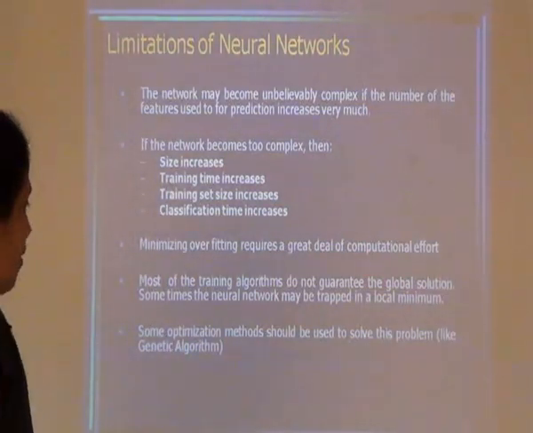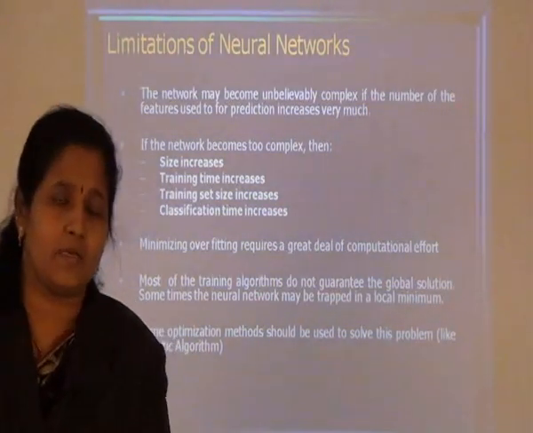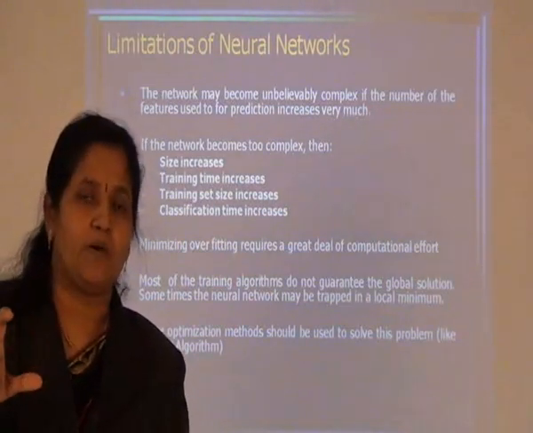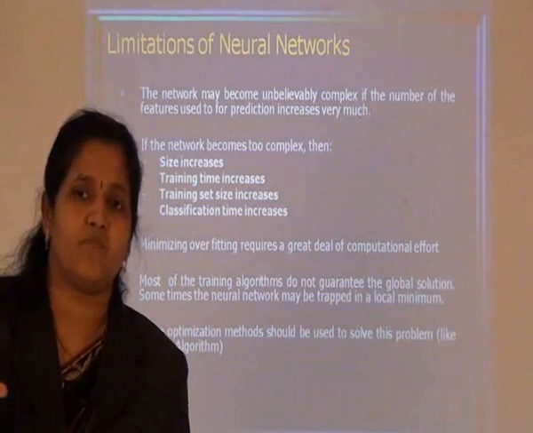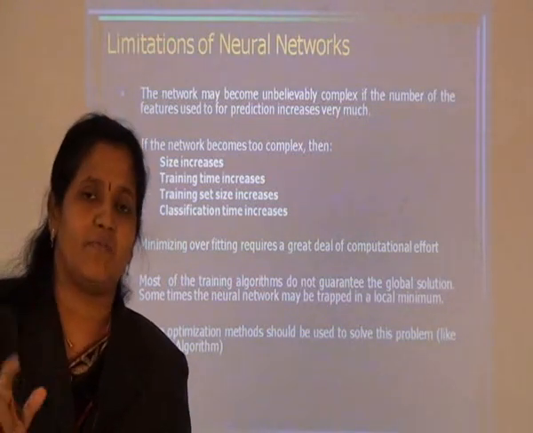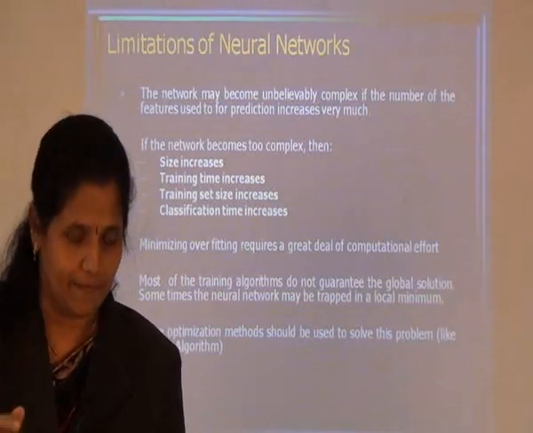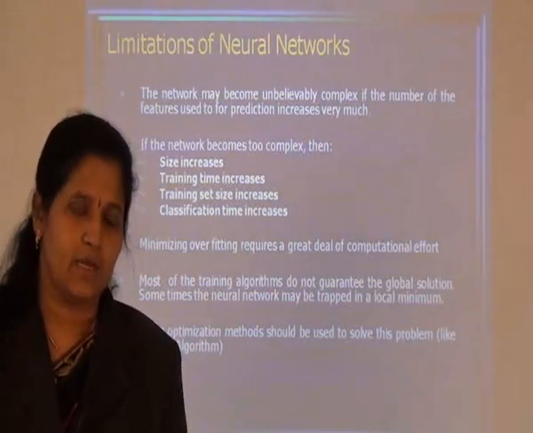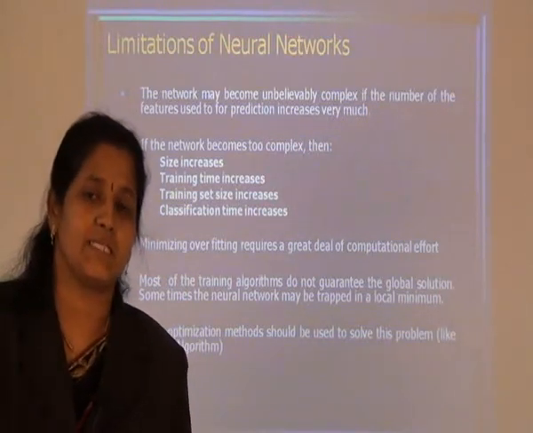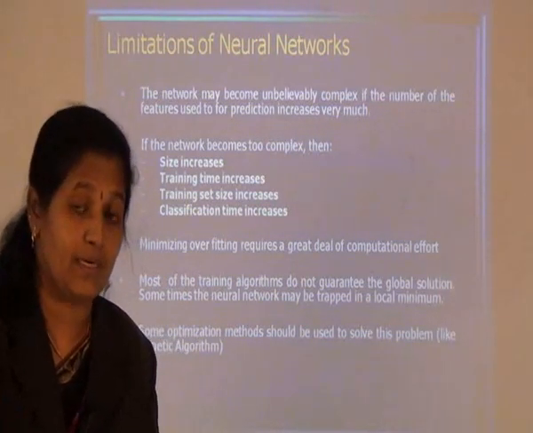Again, the main problem here is overfitting. For every iteration we are calculating the error, so you need to stop at a particular time. When the training error is reduced, but if you apply the validation data set and its error increases, that is the time to stop the training.